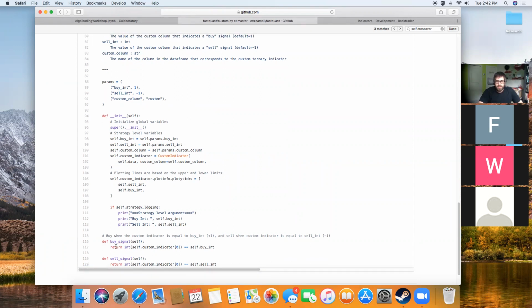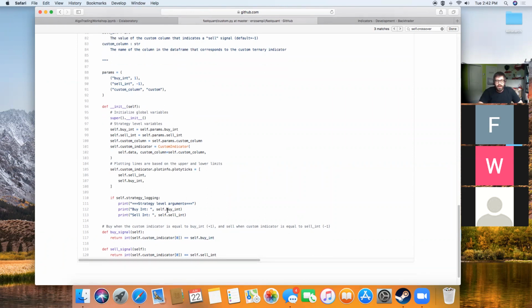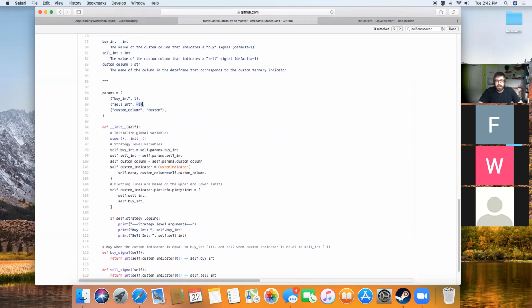The buy signal is basically just returning whether this custom column you're passing is equal to the buy integer, which is by default 1. And the sell is whether it is equal to the sell integer, which is by default -1, which you can also modify. And the custom column name is called custom, which you can also modify.